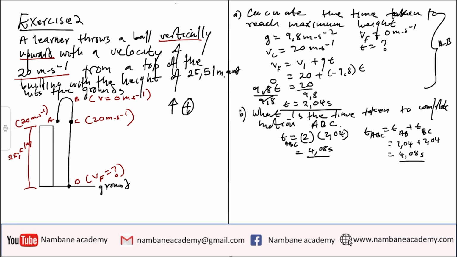So for me, I prefer this one. Why this one, ladies and gentlemen? It will sit consciously in my mind that T1 and T2 are equal. Why? Issues of symmetry as per type number 2. Ladies and gentlemen, let's move now.